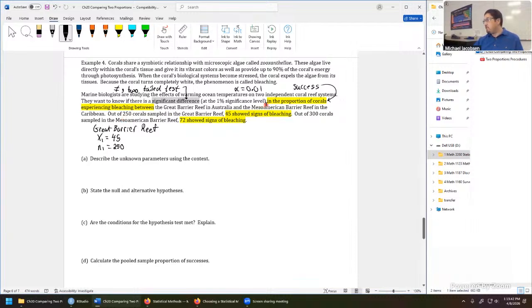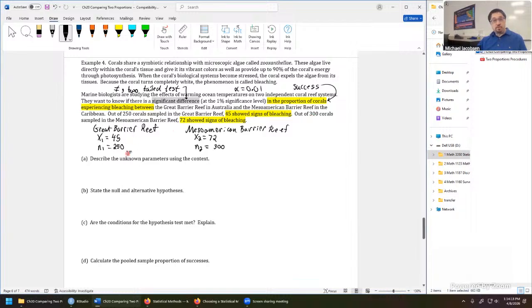The next population, Mesoamerican Barrier Reef. And here we had, in the Mesoamerican Barrier Reef, 72 successes. So X2 is 72. The sample size is larger. It's at 300 corals sampled in this population.